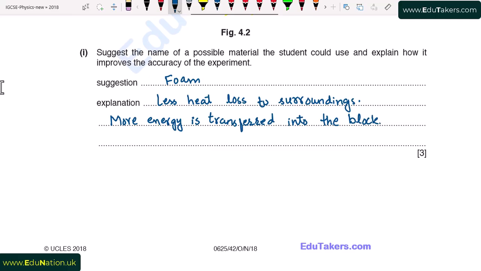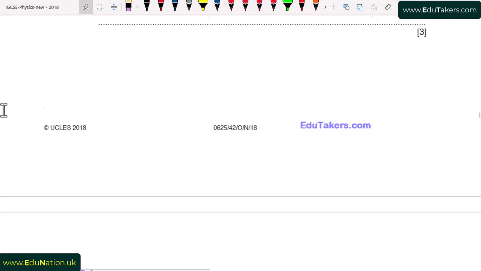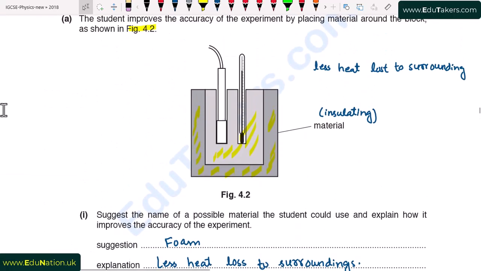Going towards the next part of this question. Part 2. State how the student could further improve the accuracy of the experiment by using more of the material used in figure 4.2. So going back to the figure, the student further wants to improve the accuracy of this experiment.